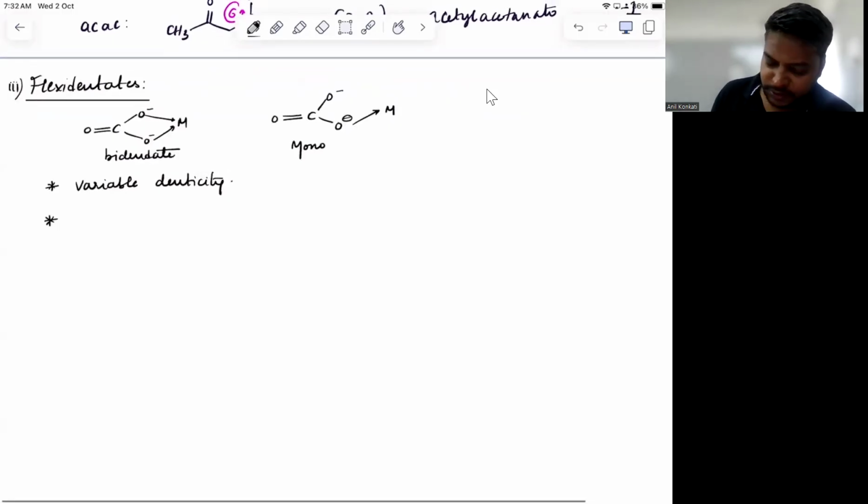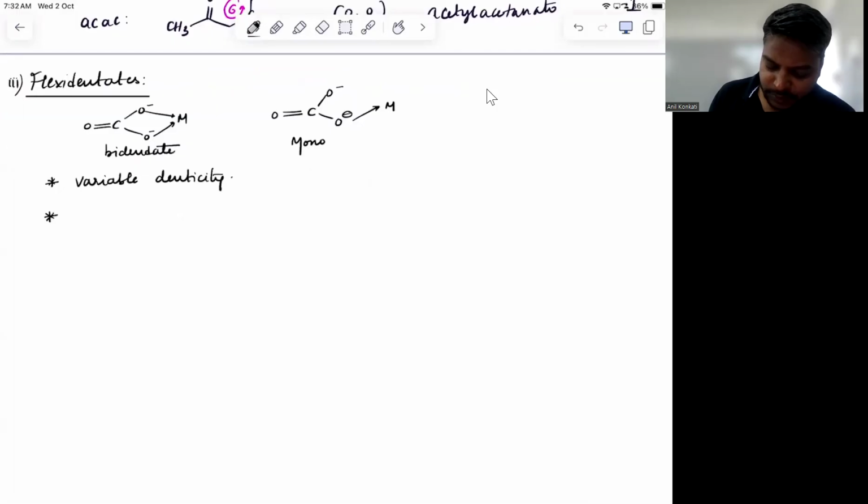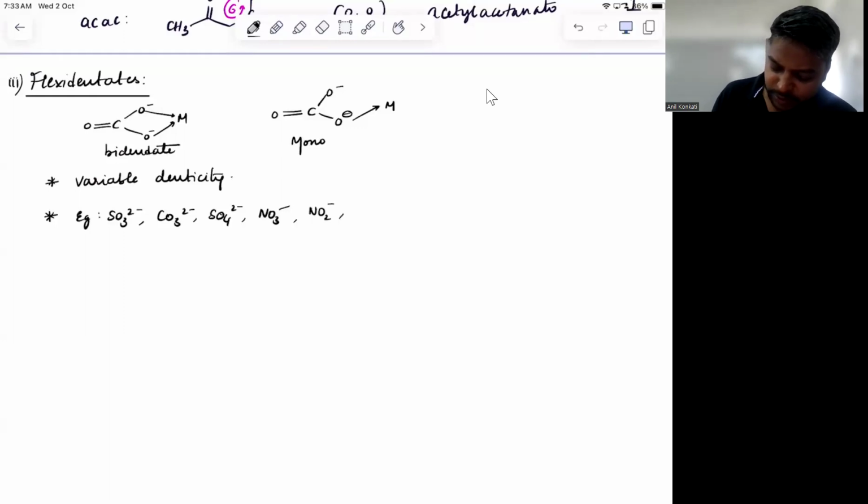If you have flexidentate, some more examples I'll write down. SO3 2-, CO3 2-, SO4 2-, NO3-, NO2-, it can be NO2- also, correct?